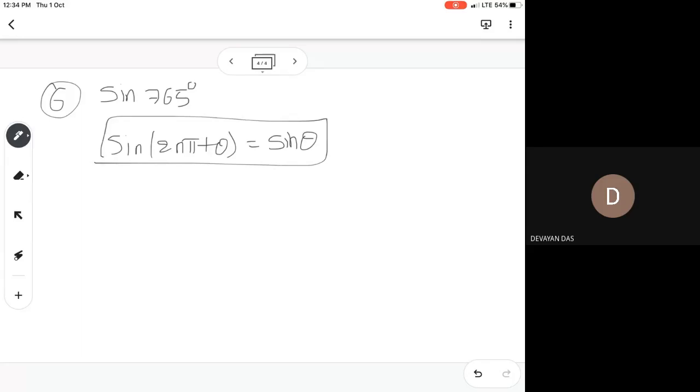Or you can write it as sine n into 360 degrees plus theta is also equal to sine theta. So it will be 45 degrees.